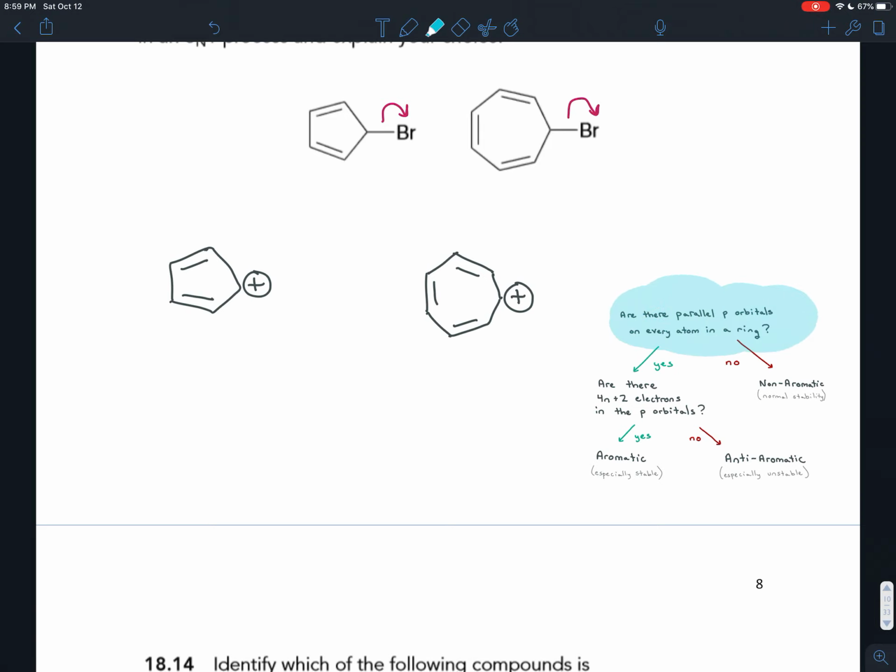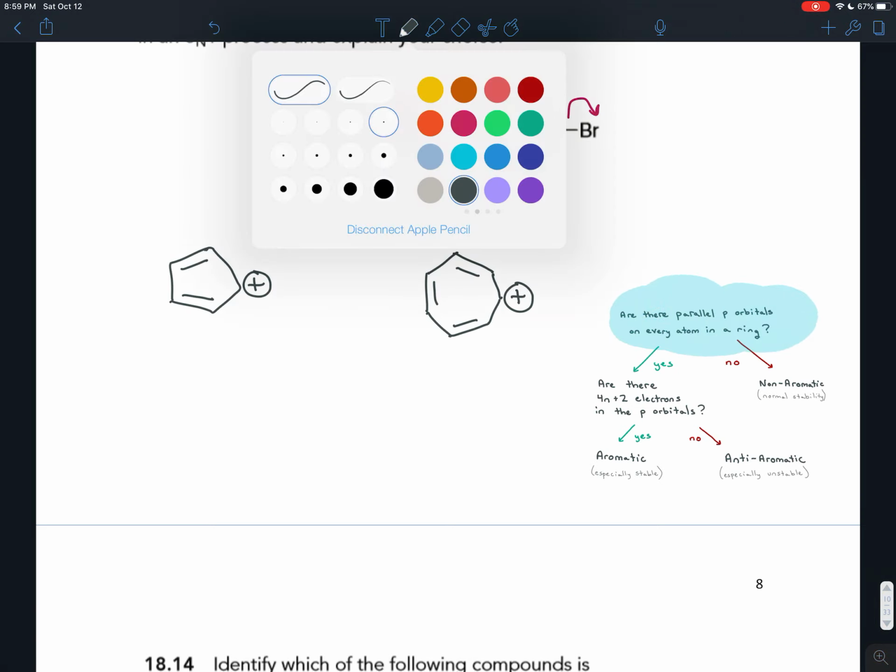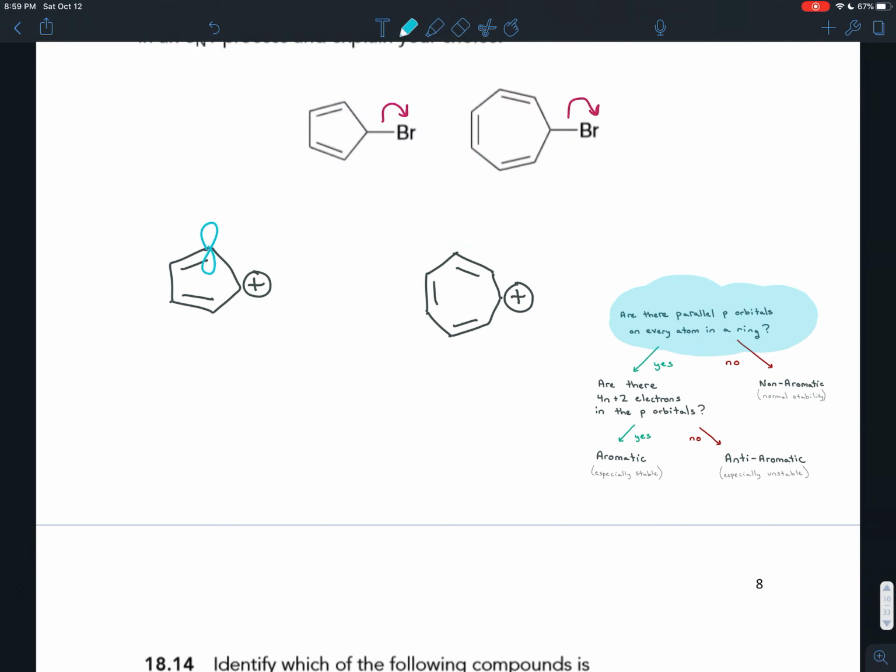First, are there parallel p orbitals on every atom in the ring? And here, there are. Remember, you have to have parallel p orbitals for the pi bonds, and the positive charge is an empty p orbital.